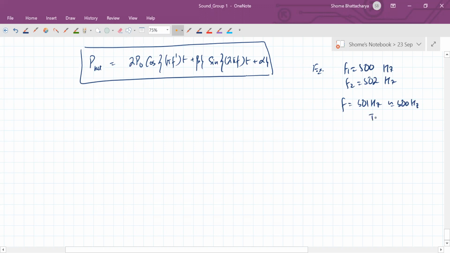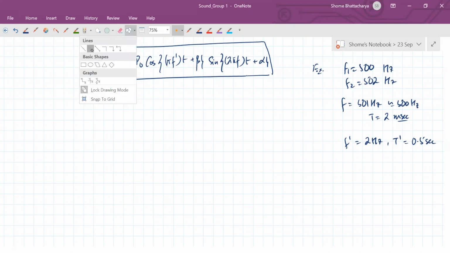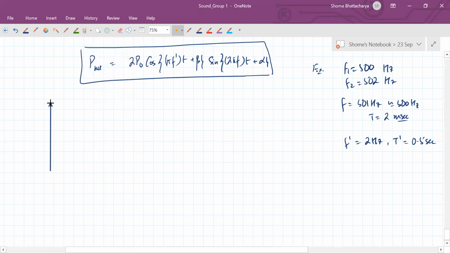That is having a time period of 2 milliseconds, whereas f prime was 2 hertz, so that's a time period of 0.5 seconds. Okay, so we want to understand now the graph of the pressure variation with respect to time.